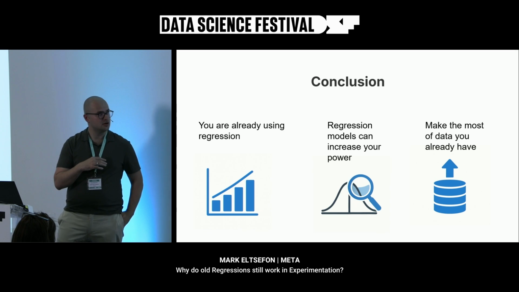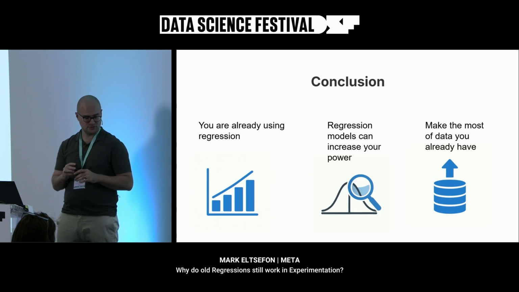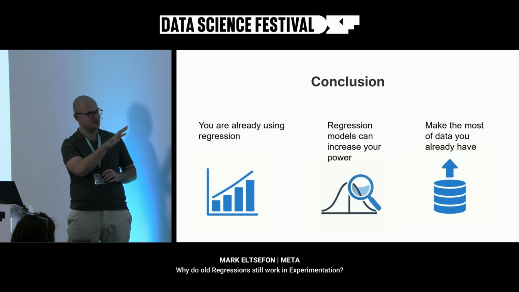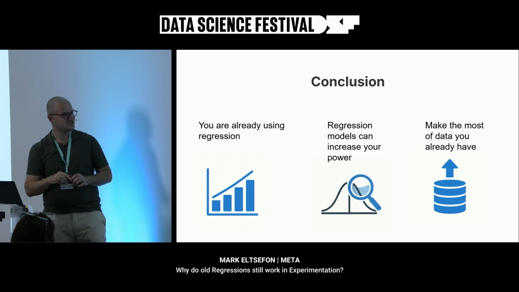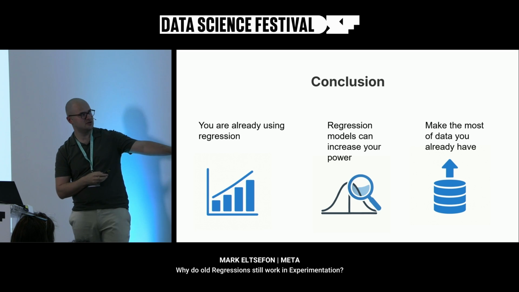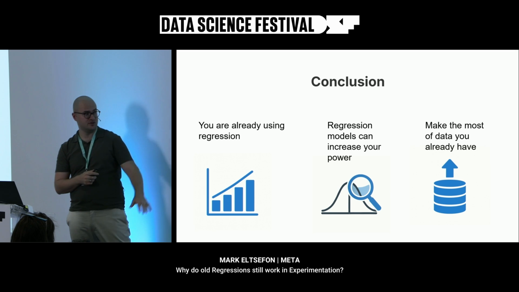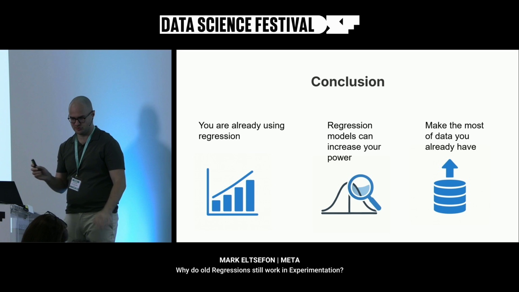As a conclusion, I want you to take three points from our discussion. The first one: most probably you're already using regression. If you're using a t-test or some other options, you're using it. So that's a good part.